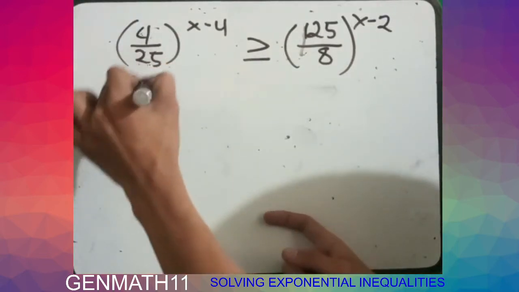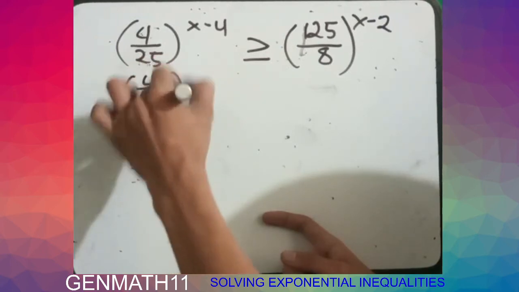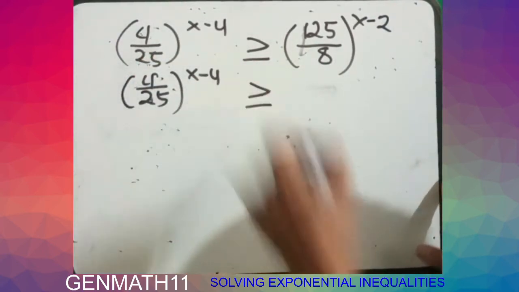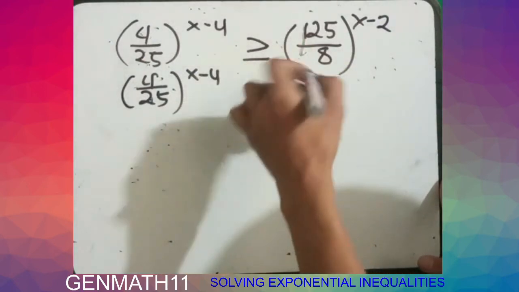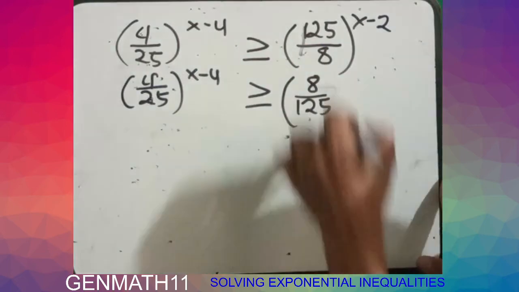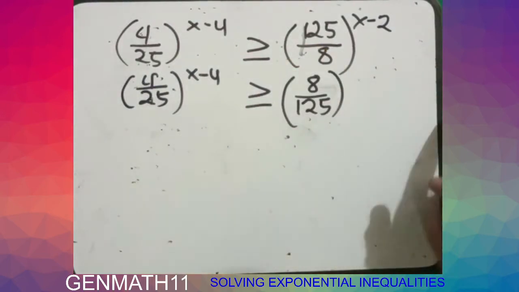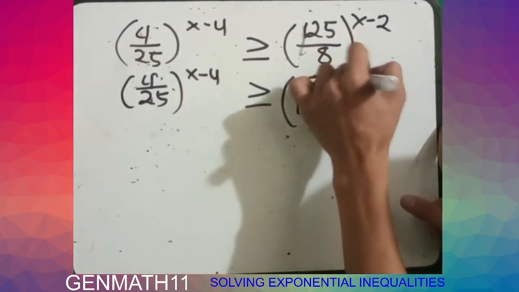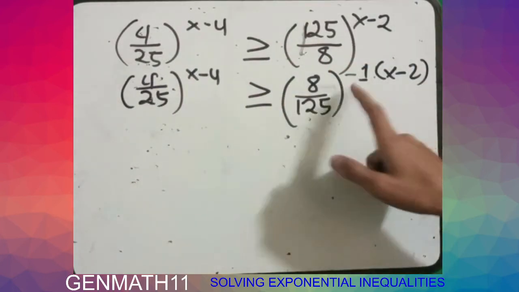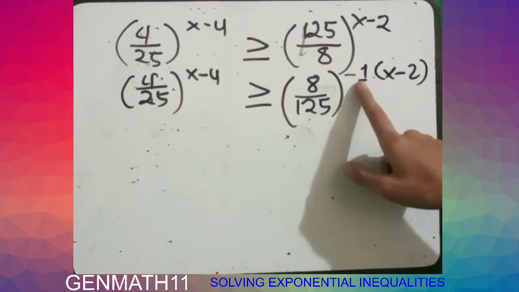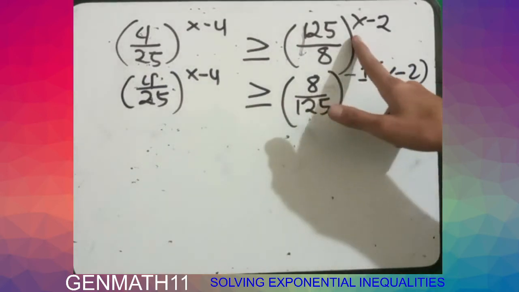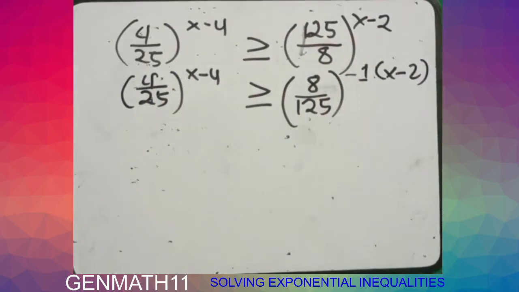So, kopyahin lang natin to, si 4 over 25 raised to x minus 4 power is greater than or equal to, pabalik natin magiging 8 over 125 raised to negative 1 times x minus 2. Okay? So, multiply tayo ng negative 1 sa x minus 2, kasi meron tayong bagong exponent. So, ibig sabihin lang, i-multiply natin siya sa x minus 2.